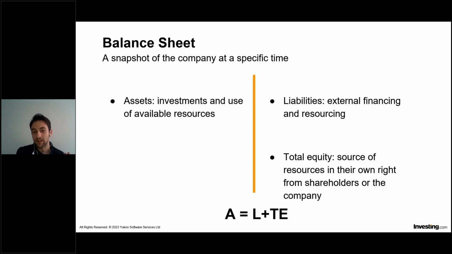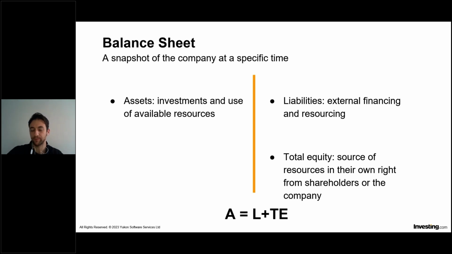They are the investments and the use of the available resources that the company has, okay? So for example, cash, short-term investments, all of these things that we will check later. But it's important to understand that on the left part we have a certain amount of investment: how, what, and where the company invests its money, okay?